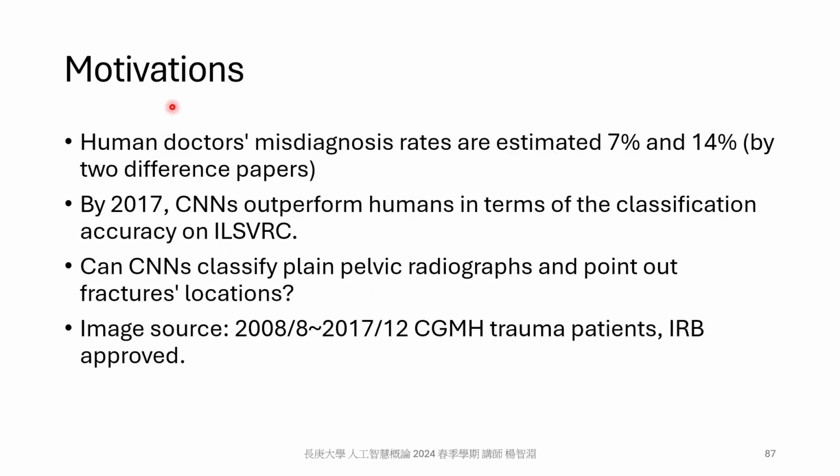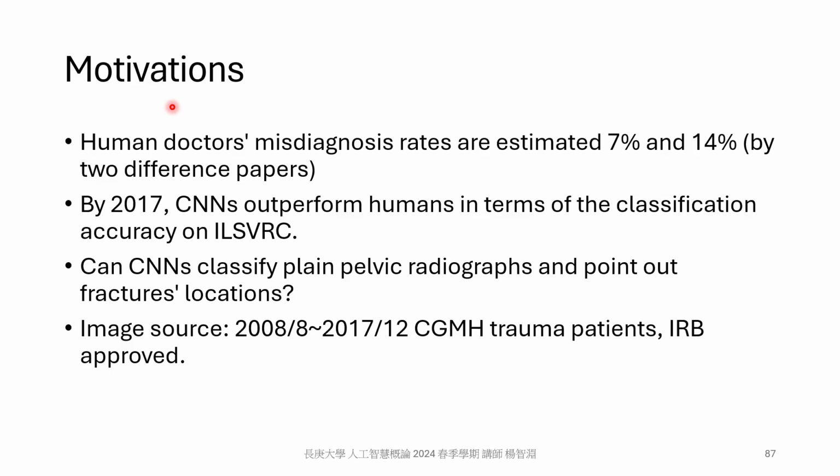So why do they want to do it? Because in 2017, there were many CNN-based image classification algorithms that showed very good results, and for the ILSVRC challenge, CNNs outperformed humans.